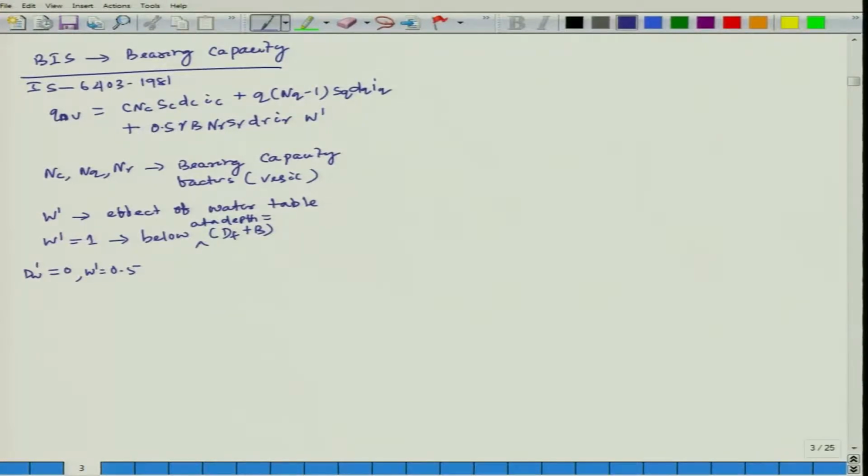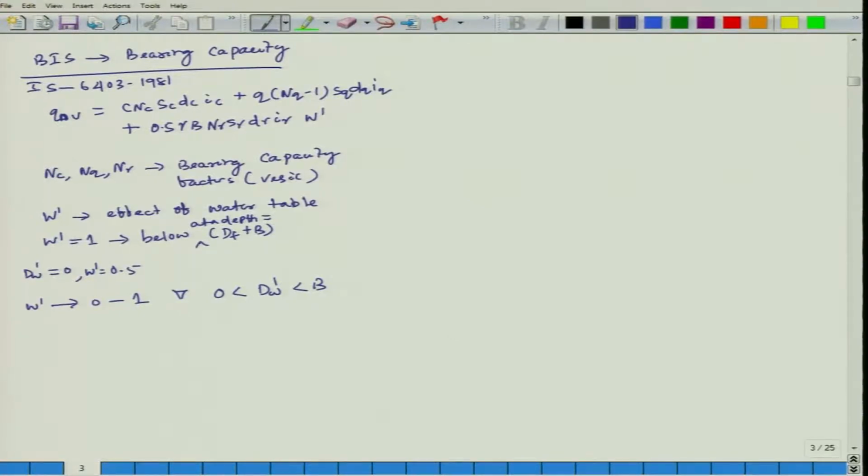It will be linearly interpolated between 0 and 1 if the water table is located at a depth less than B. This is what I have already said about water table corrections earlier.